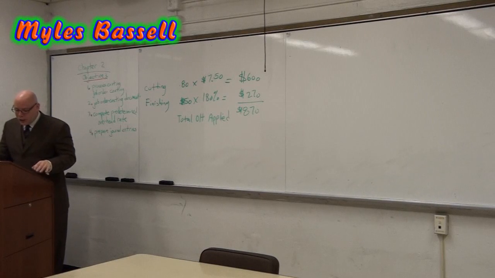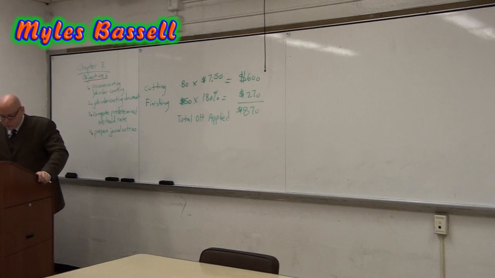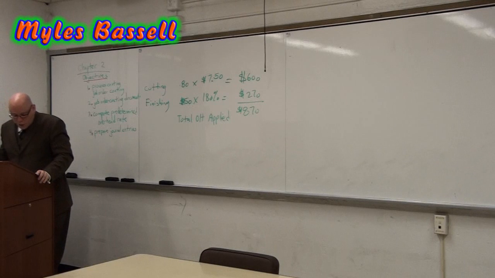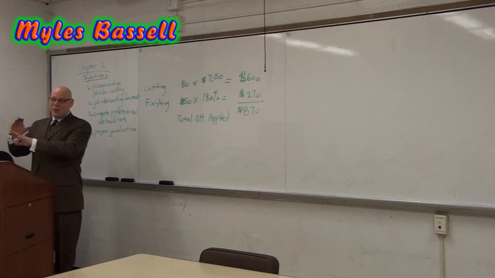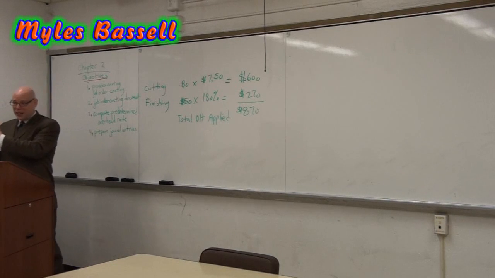All right, so what's the journal entry there? Debit raw materials and credit accounts payable. It could be accounts payable, it could be cash. But raw materials inventory is going to be debited because it's an asset.